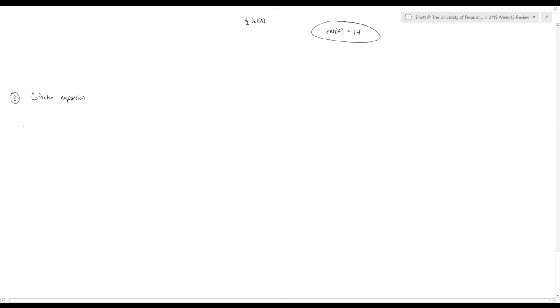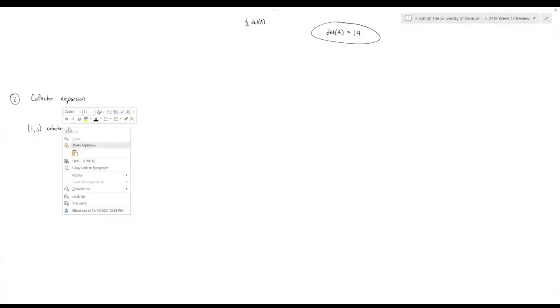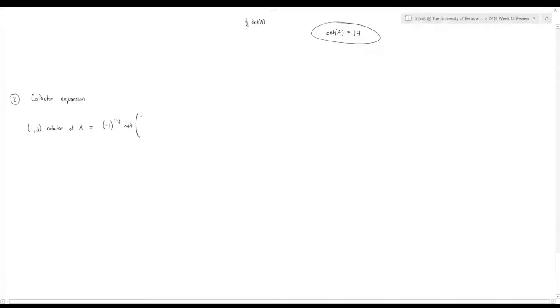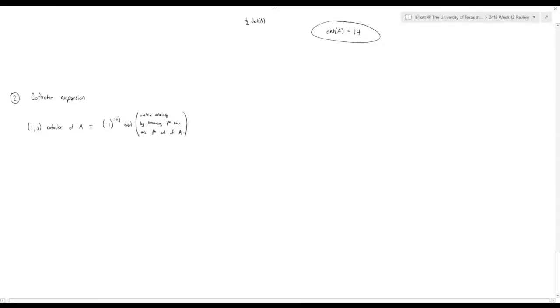So let's say that we have some matrix A. We define the ij cofactor of the matrix A to be equal to -1 raised to a power of i plus j, times the determinant of the matrix that we get when we remove the ith row and the jth column of A. Okay.